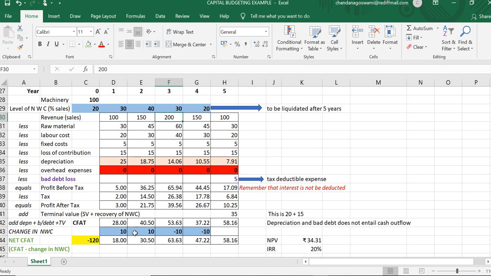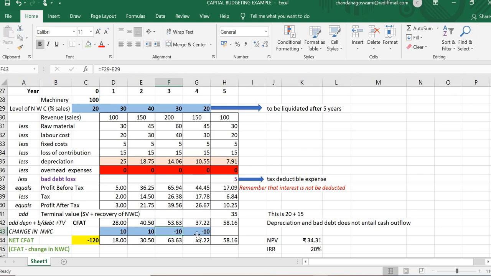This difference we are going to take into consideration. So this 10 in year 1 is because of a difference of 30 minus 20. In year 2 it is because of the difference between 40 minus 30. In year 3 it is minus 10 because of 30 minus 40.